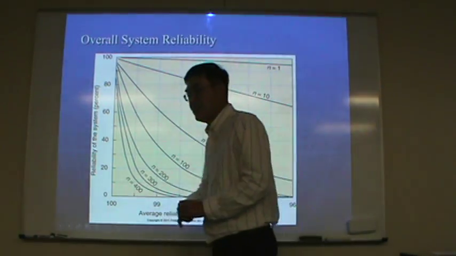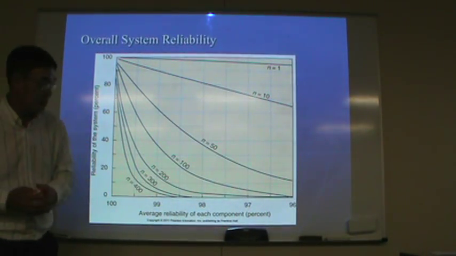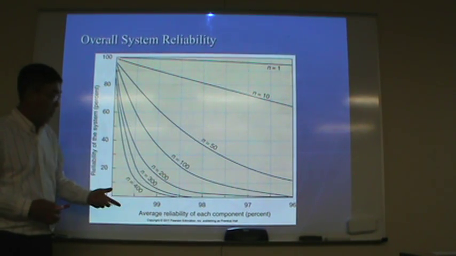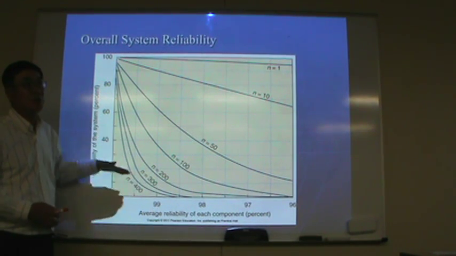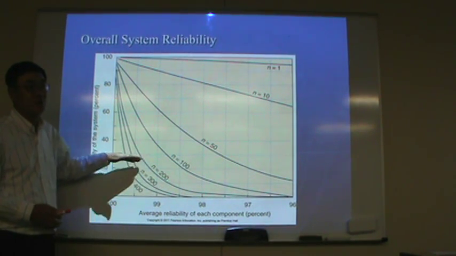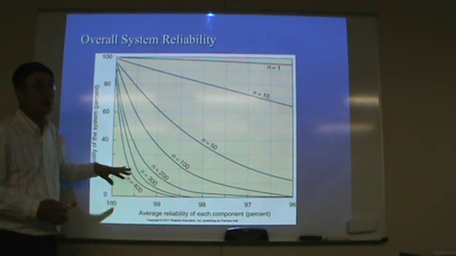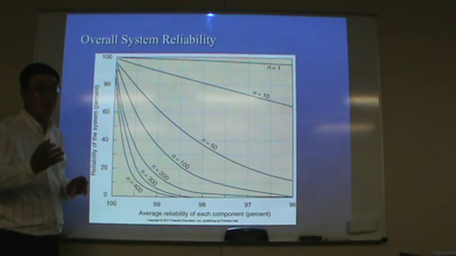If the number of employees or the number of parts is larger, more parts or more employees, it changes a lot, individual and then system. So remember to improve quality, reduce the number of parts, right?